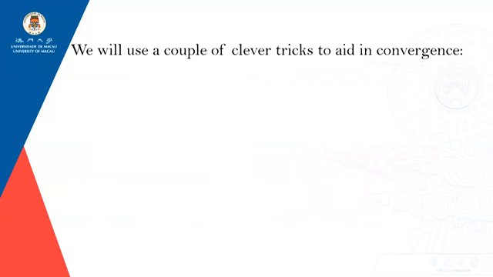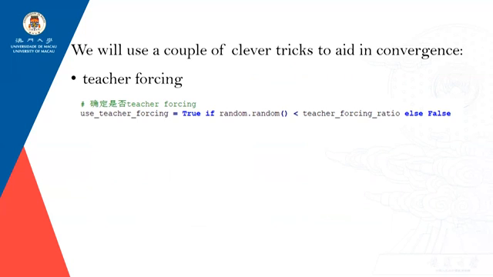In the course of training, we used a couple of clever tricks to aid in convergence. The first one is using teacher forcing. This means that at some probability, we use the current target word as the decoder's next input rather than using the decoder's current guess.